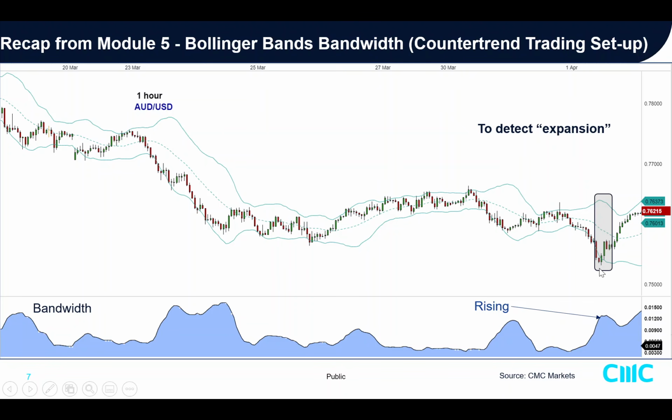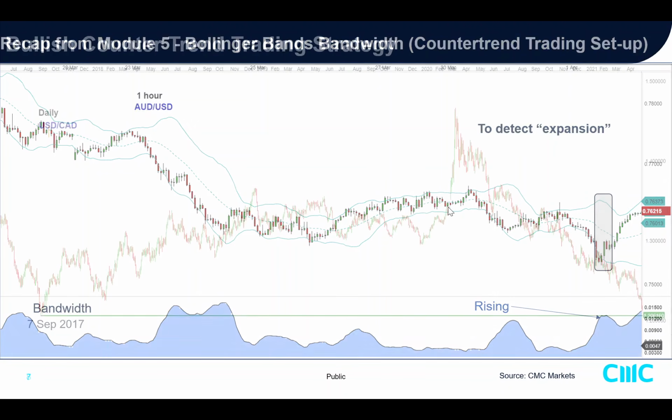So what we could do here is capitalize on a mean reversion movement, or a counter-trend trading strategy, with bullish buyers playing a short-term rebound. This is how Bollinger Bandwidth helps us visualize a potential counter-trend trading setup. This is the first step, but we need to combine it with other elements to get a proper trading setup strategy, which I'm going to share with you in this module 8.